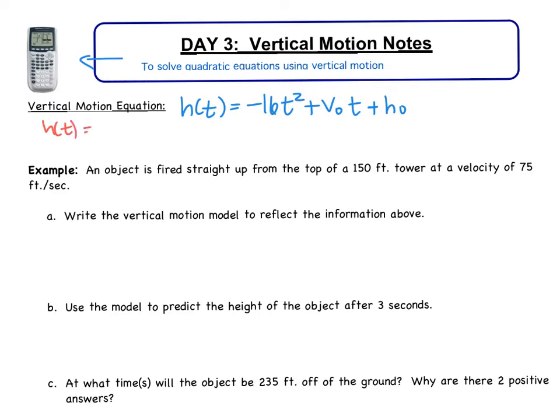H of t is going to be the height of the object after t seconds. V naught is the initial velocity.